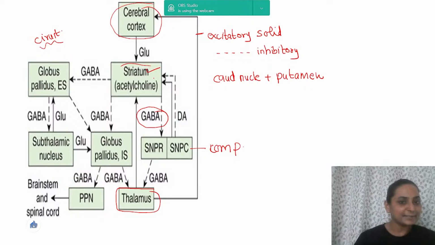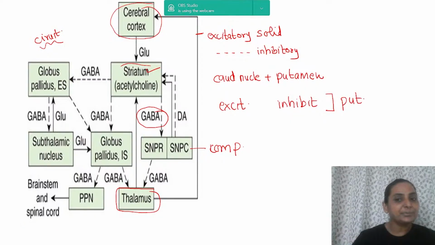inputs to the striatum which are both excitatory as well as inhibitory. Basically they are going to the putamen. Excitatory is through D1 and inhibitory is through D2 dopaminergic receptors.